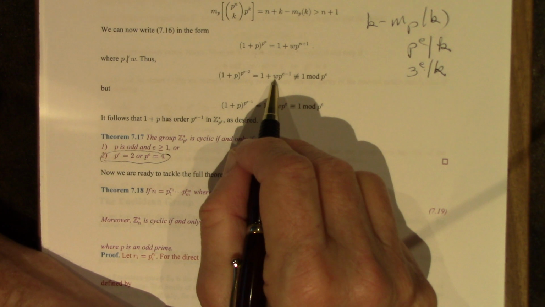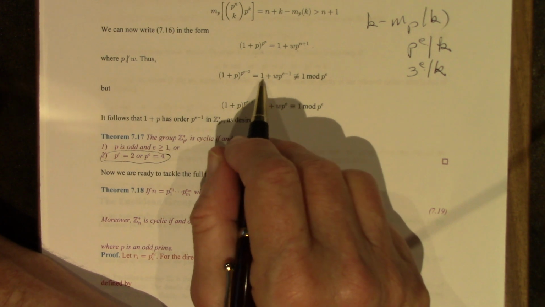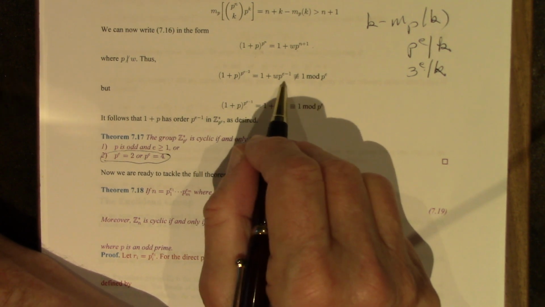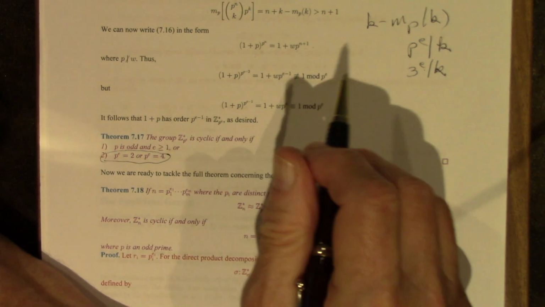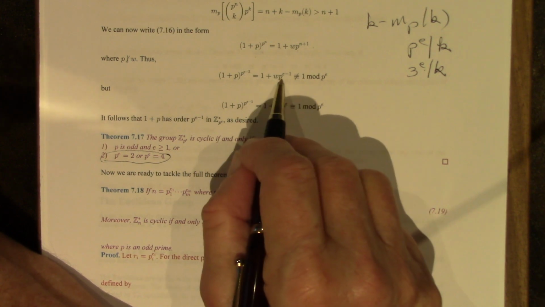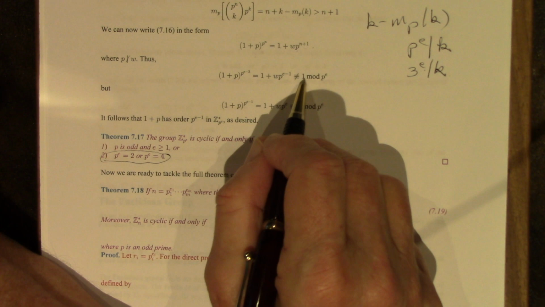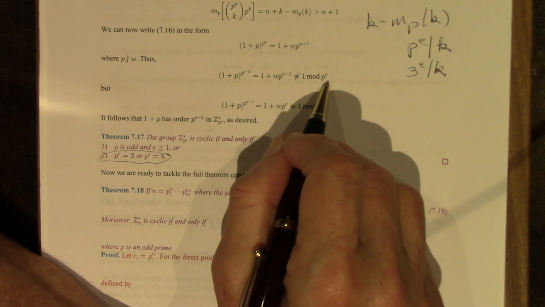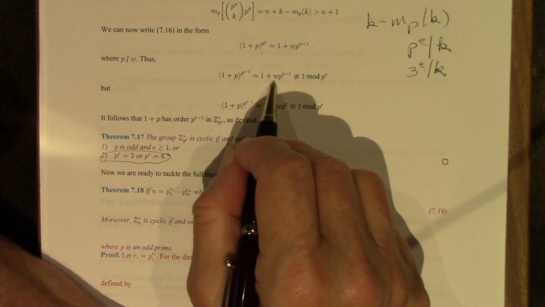P does not divide w, so p to the e does not divide this expression. Well, no, I shouldn't have said that. I should say this is not congruent to 1 mod p to the e. If you subtract 1, p to the e does not divide this. Okay, that's what I meant to say.